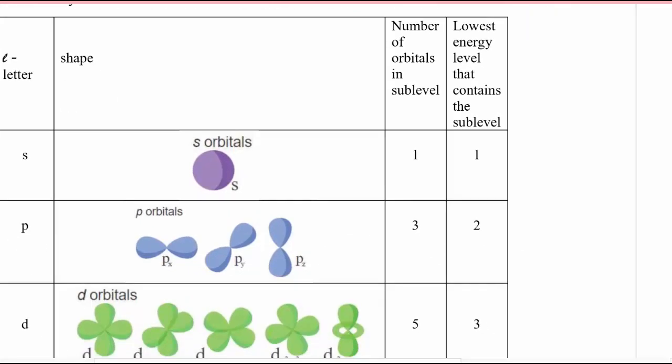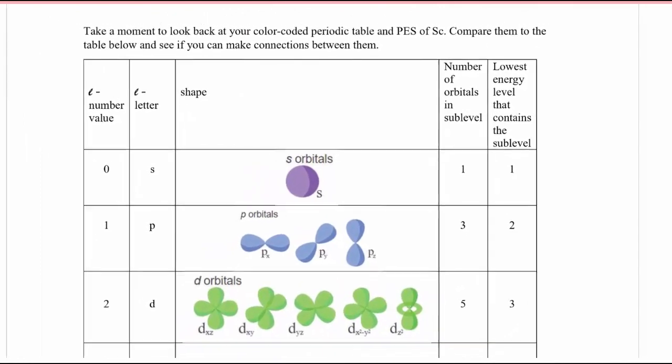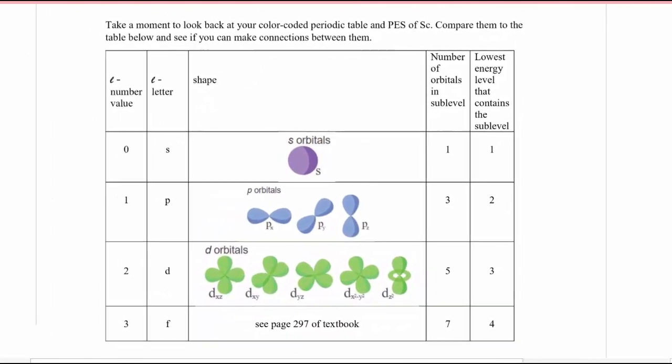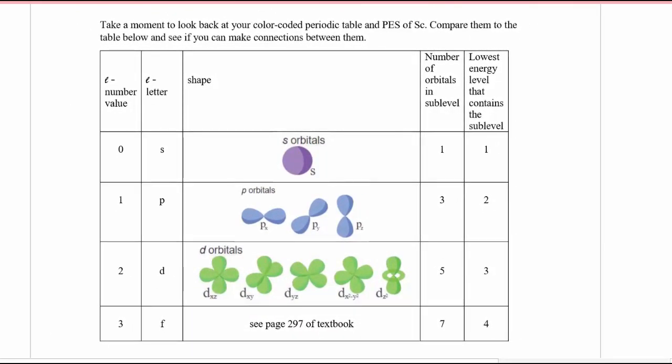All right. So now in this table, what I'm doing is showing you the relationship between the orbital shapes and those peaks on the PES.